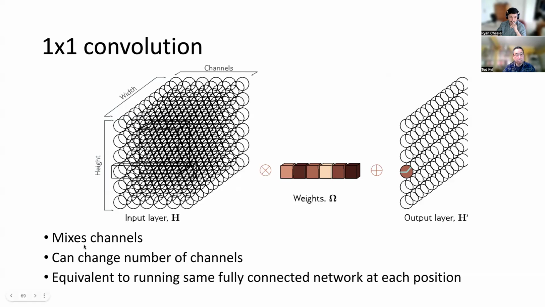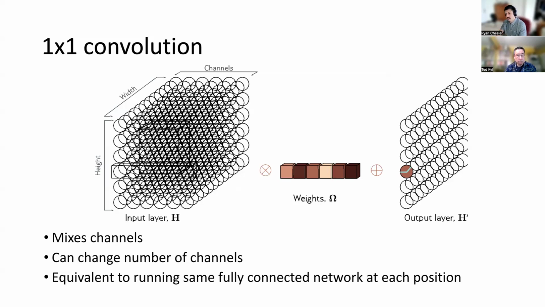Like they're saying, it can mix the channels, and it's also really useful for changing the number of channels. There are certain networks where you go, oh, this is a 512 and this is a 32 and I want them to merge now. So you can do a one by one convolution to say, take this 512 and make it a 32. And then now I can just add them or something like that.